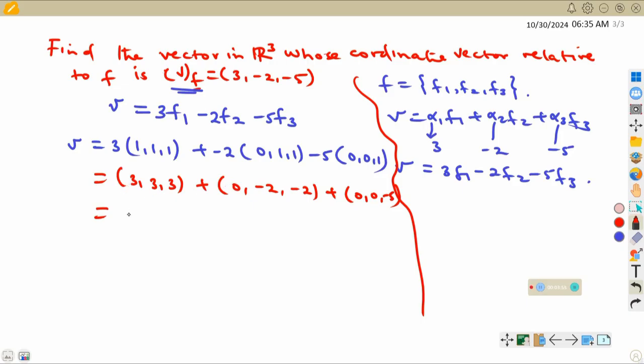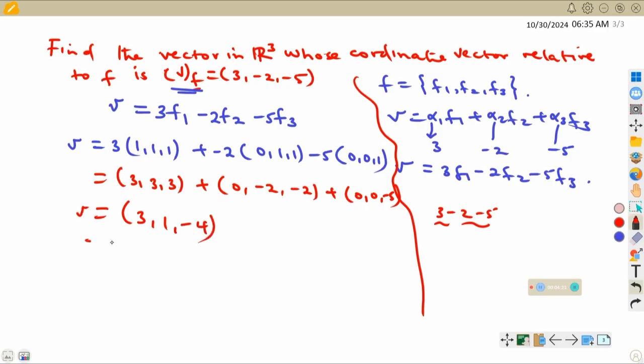This will be 3 plus 0, so it remains 3. The second will be 3 plus negative 2 plus 0, which is 1. The third will be 3 minus 2 minus 5, so this is minus 4.